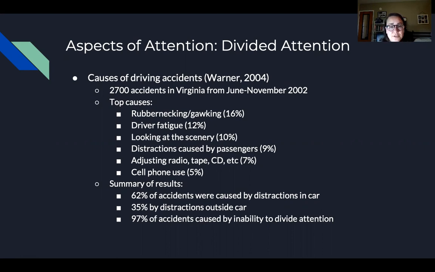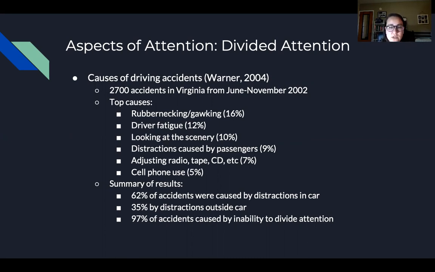And this has been shown by a number of studies. One such study by Warner in 2004, they looked at 2,700 crashes that occurred in Virginia during June through November of 2002. So this was 2,700 crashes that occurred over a 5-month period.